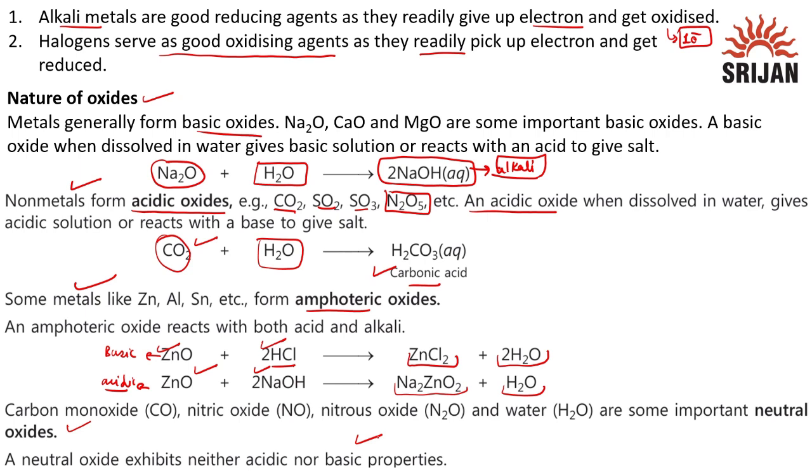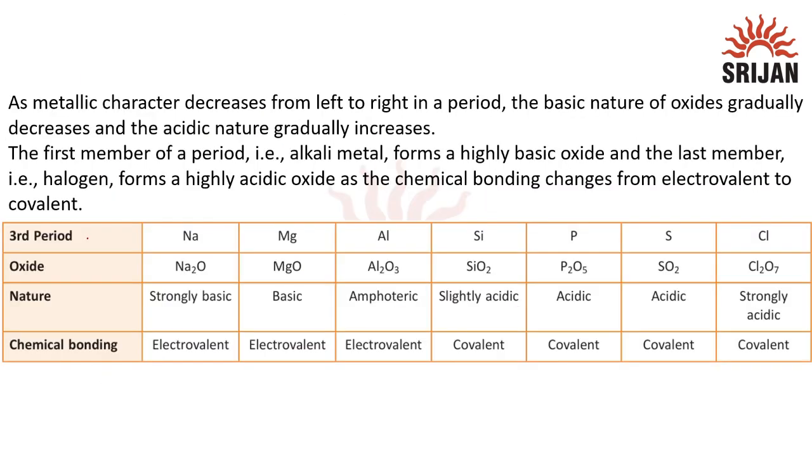Right, now moving ahead, the metallic character decreases from left to right in a period, we know that, and the basic nature of oxides gradually decreases and the acidic nature gradually increases.